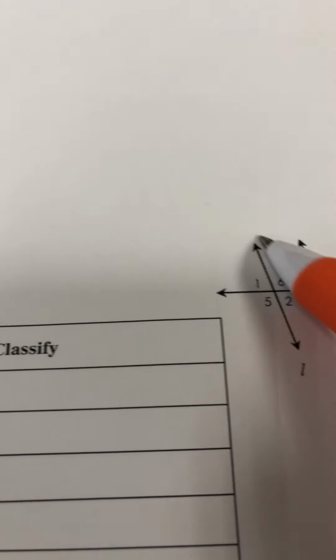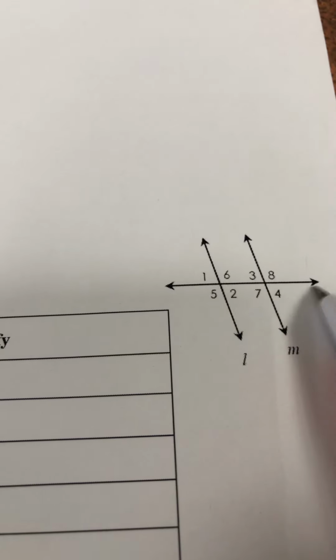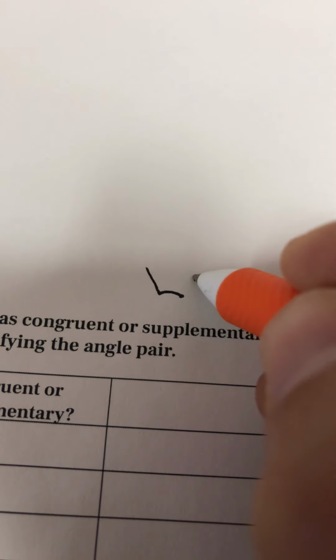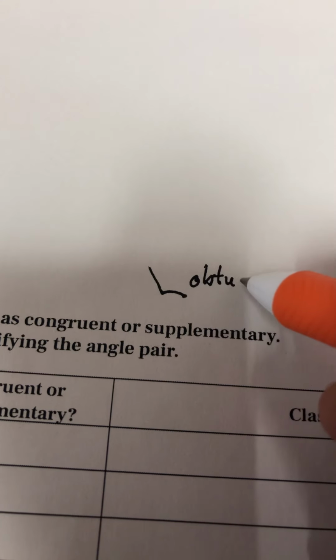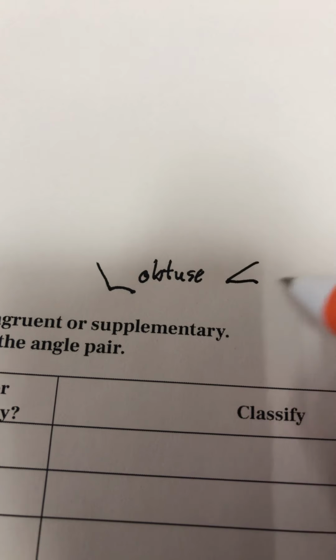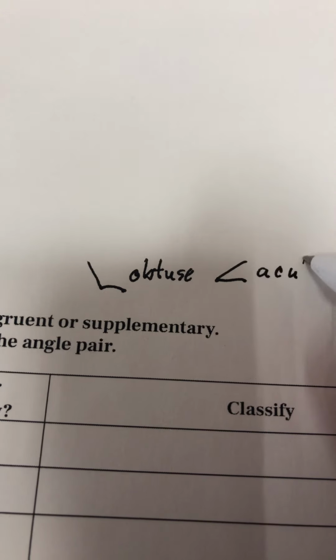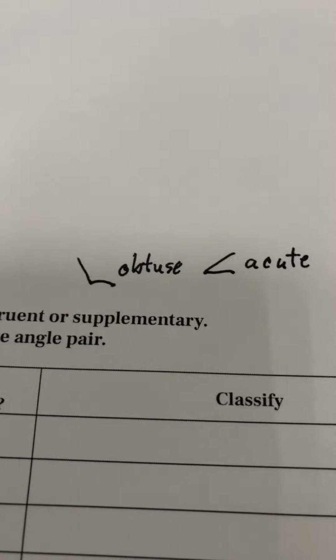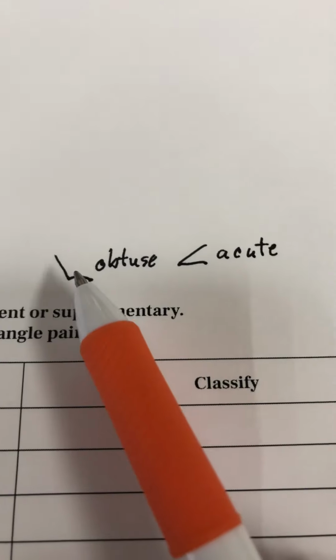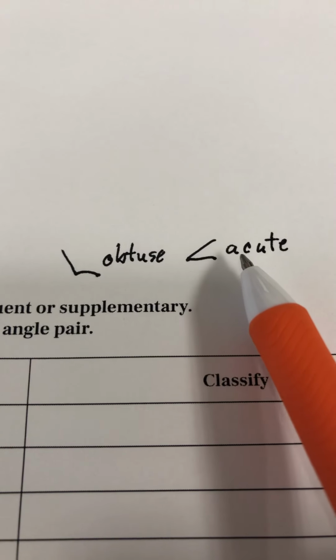When we have parallel lines and a transversal, if we have an obtuse angle, more than 90, the other ones are all going to be acute, less than 90. If we don't have all 90 degrees, half of them are going to be obtuse, the other half acute.